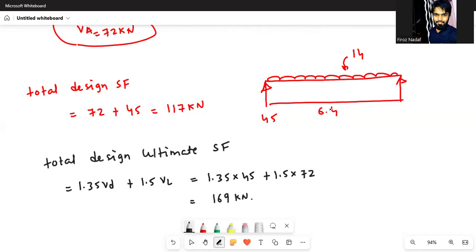I will share the recording, so revise the lecture once again. After that we calculated dead load shear force, and as per IRC we need the total design ultimate shear force, 1.35 VD plus 1.5 VL, which is 169 kilonewton.